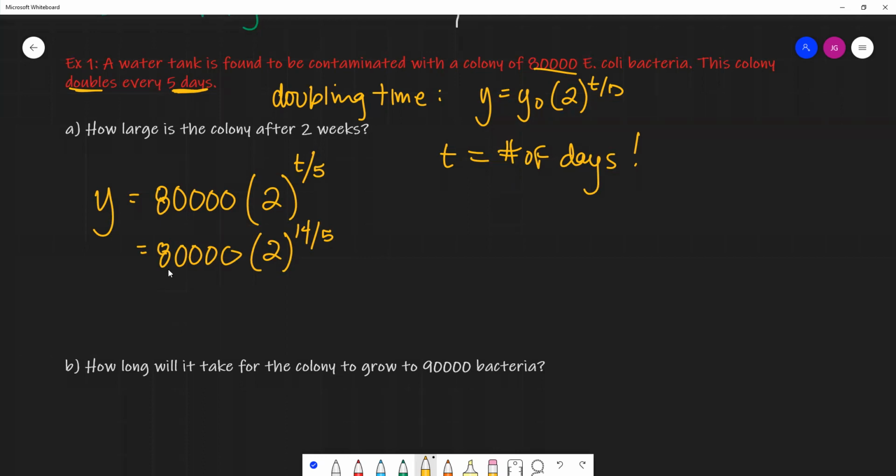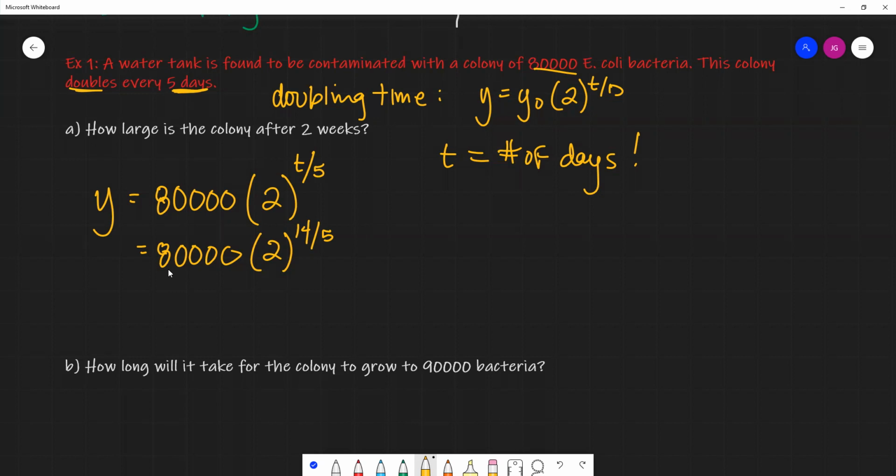Okay, you can do this in your own calculator, in Desmos, whatever you have available to you, right? So what do we get when we do this? Let's see. We have 2 to the power of 14 divided by 5. Okay, and then that times 80,000.